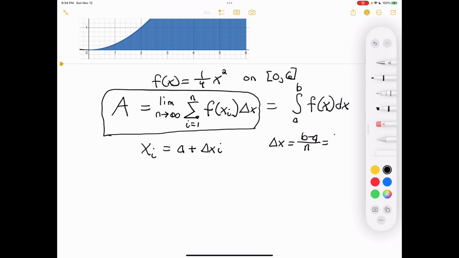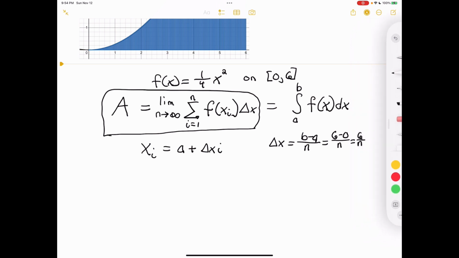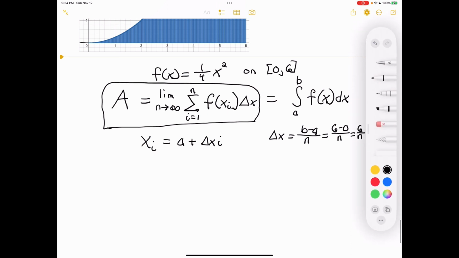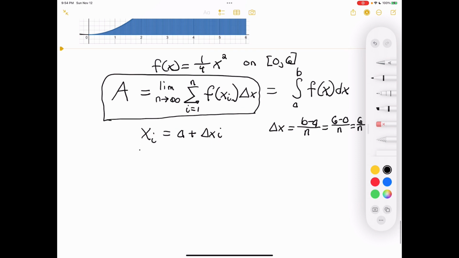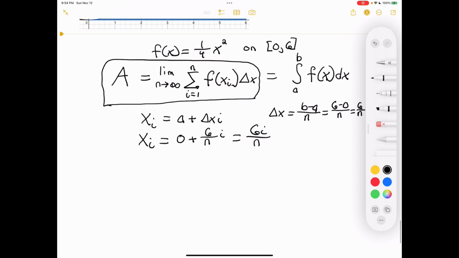So if you remember, our delta x is 6 minus 0 over n, and we're going to leave n as a variable. And our delta x is going to be 6 over n. Well, now that we have our delta x, we can find our x sub i, because our a is still 0, plus delta x, which is now 6 over n, times i, which is equal to 6i over n. And so now this is our x sub i, 6i over n.